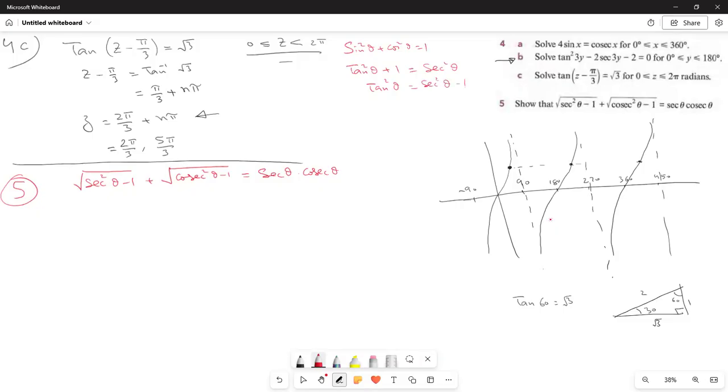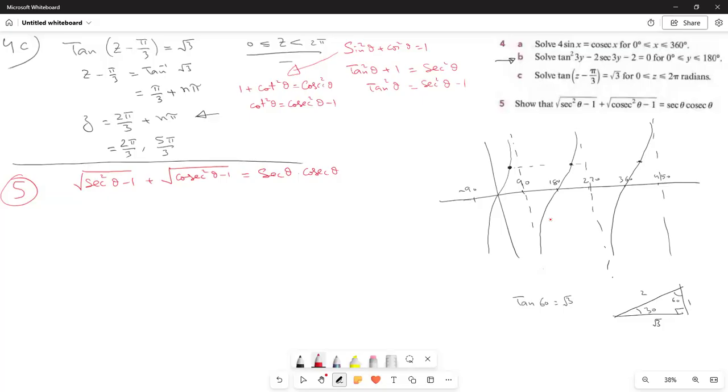In the same way, if I divide this expression by sine squared theta, it becomes 1 plus cotangent squared theta equals cosecant squared theta. So again from here I can see that cotangent squared theta is equal to cosecant squared theta minus 1.